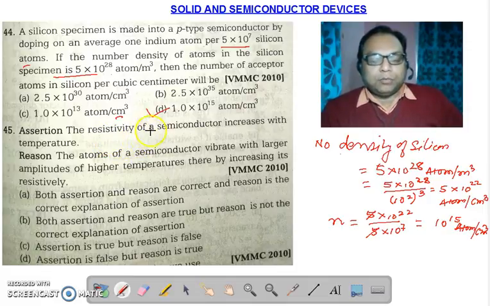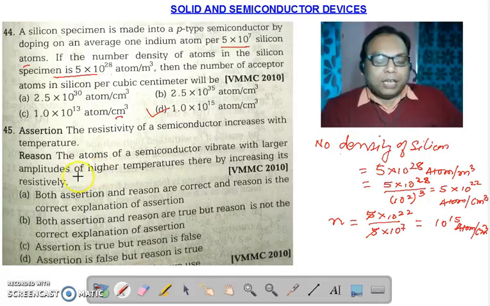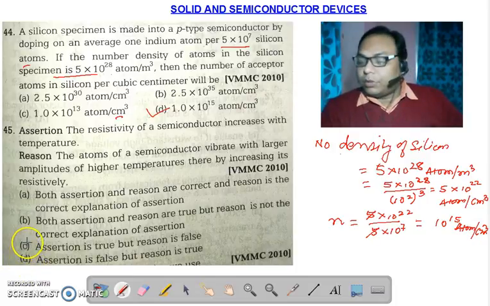So the assertion is false. Now the reason: the atoms of a semiconductor vibrate with larger amplitude at higher temperature, thereby increasing its resistivity. Obviously. So I think option D is the correct option.